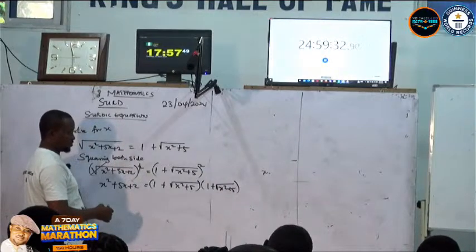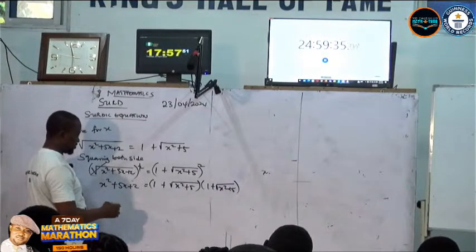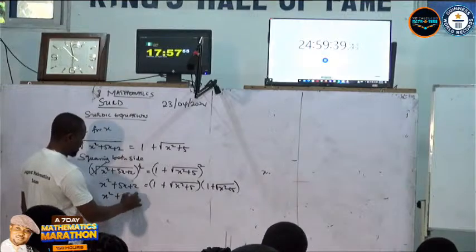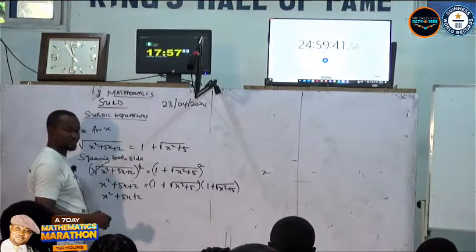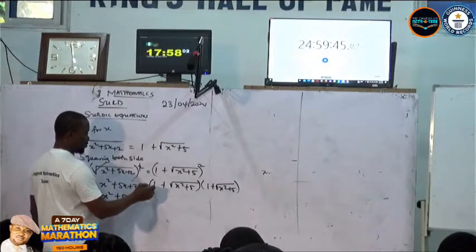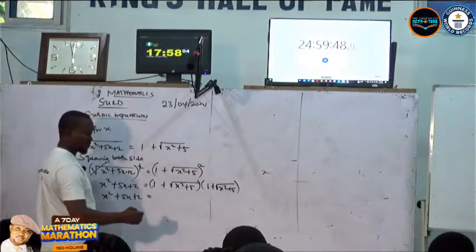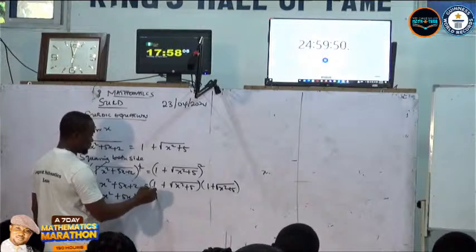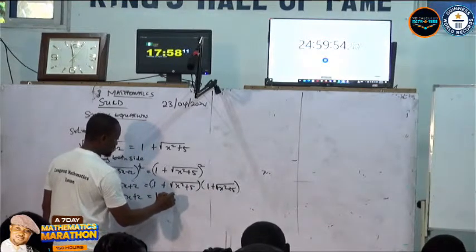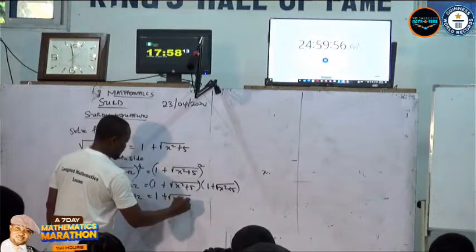So you have to multiply it out so that x squared plus 5x plus 2 will be equal to 1 times 1, which is 1. Then 1 times this root will be the root of x squared plus 5.